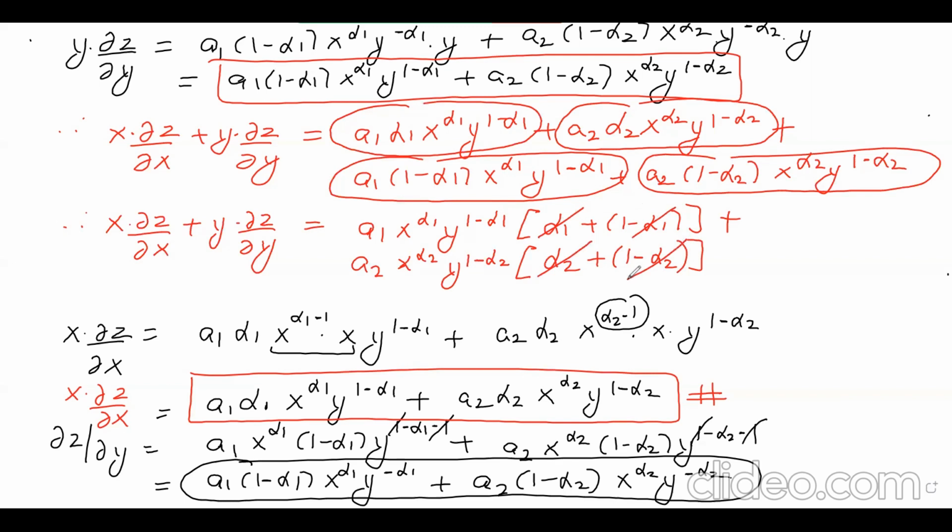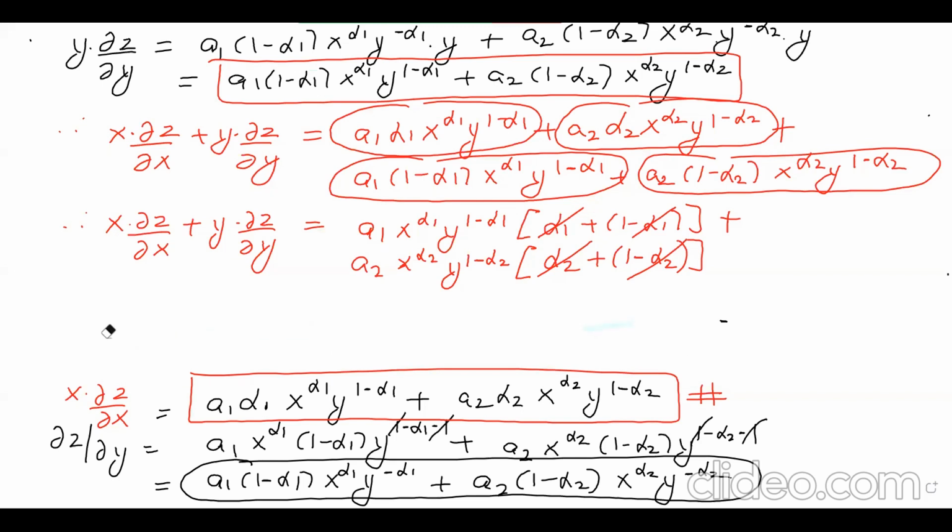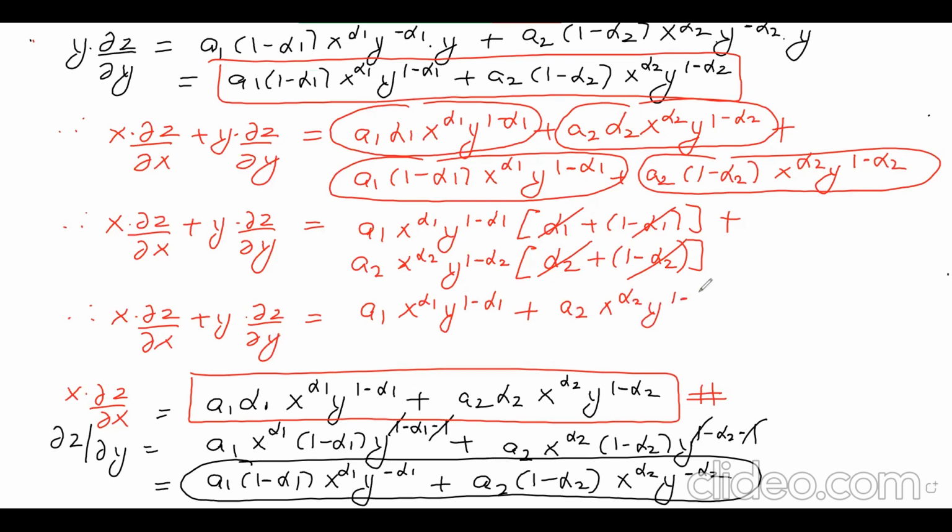What do I get if I erase this particular part off? I get, therefore, x times del z by del x plus y times del z by del y is going to be a1 x to the power alpha 1 y to the power 1 minus alpha 1 plus a2 x to the power alpha 2 y to the power 1 minus alpha 2, which is nothing but z.